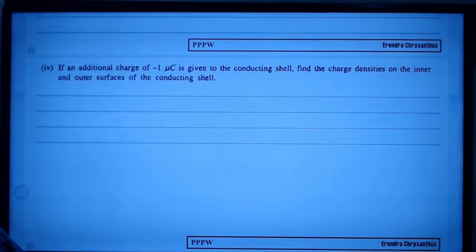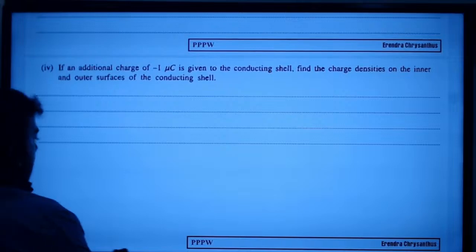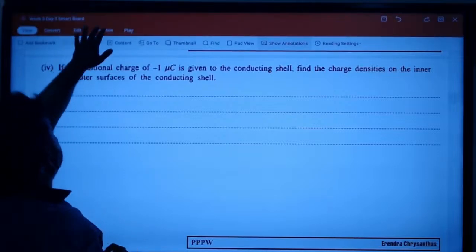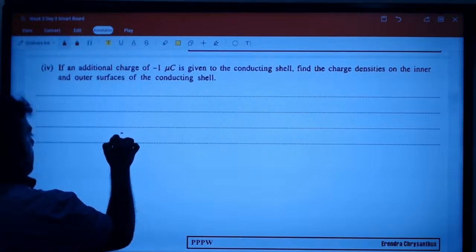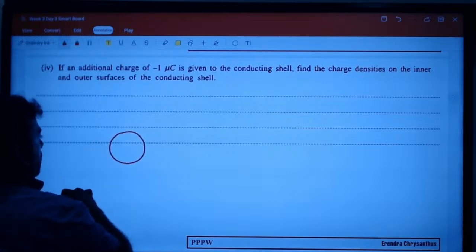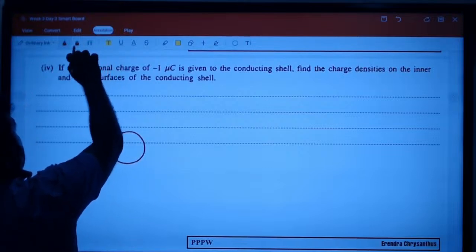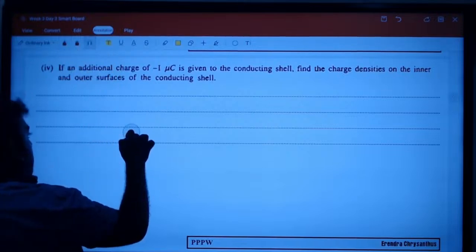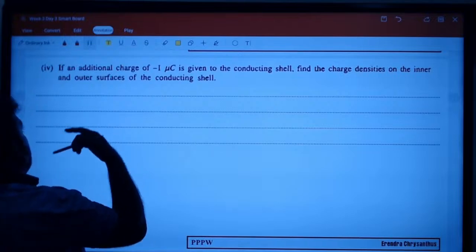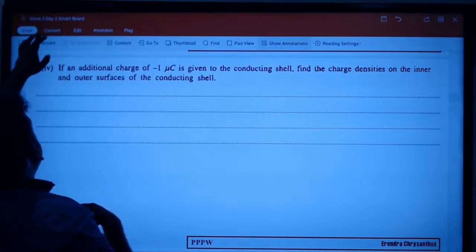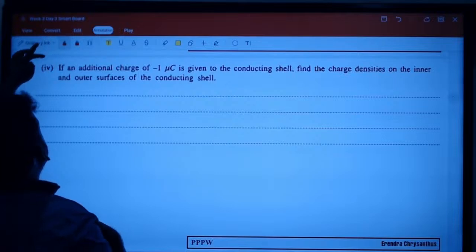Finally, if an additional charge minus q is given to the conducting shell, find the charge densities. Well, I will do this here. Now, sorry, they are giving a charge to the shell.